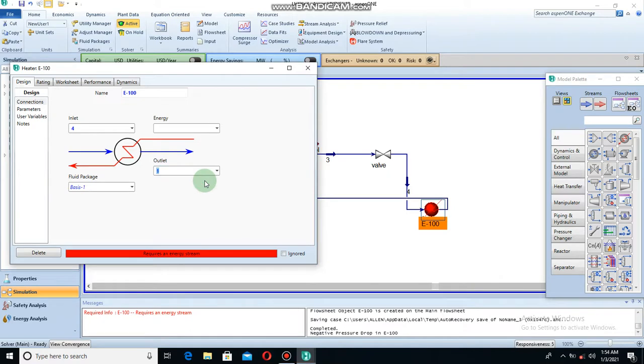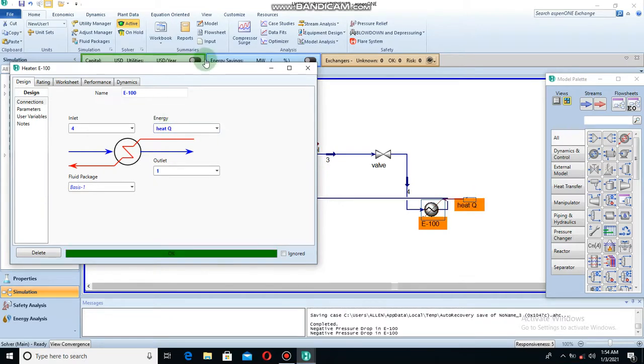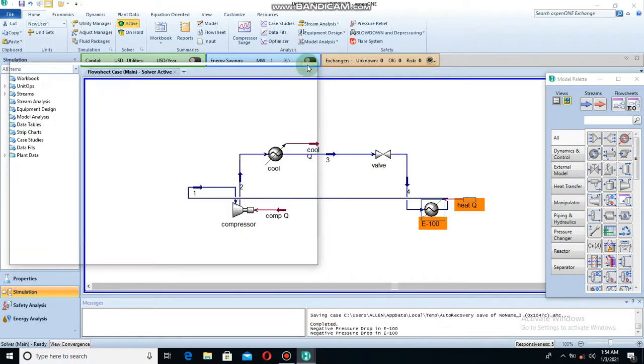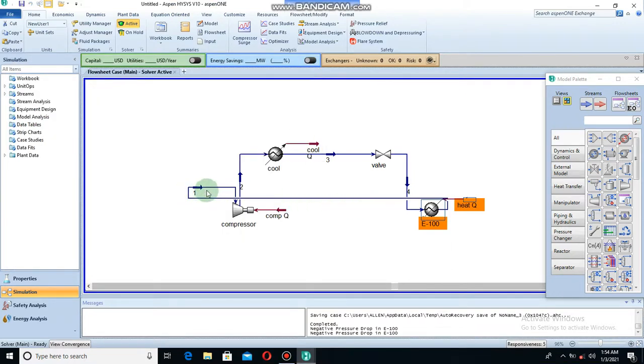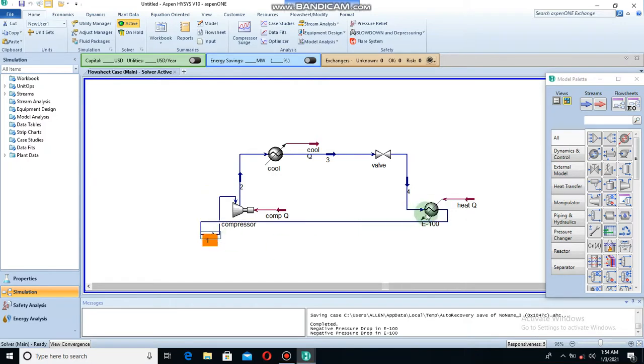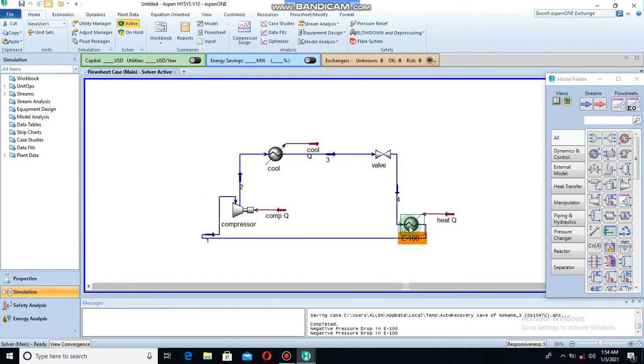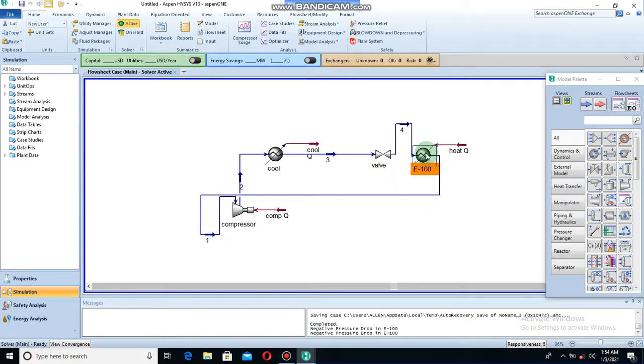It requires an energy stream, and we'll call it heat Q. All right, so the propane loop is done. This is question number 1.